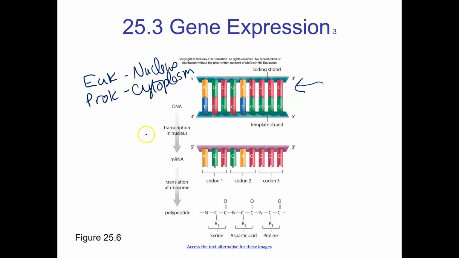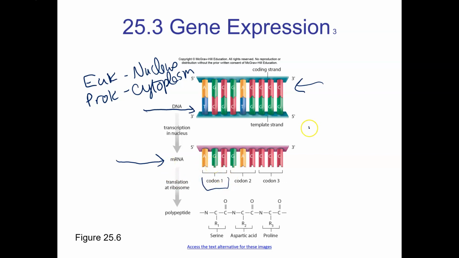So we produce, using the template strand, which is this strand, a copy of our coding strand in an RNA format. And so that's what this is. We have our messenger RNA. Messenger RNA then can be read 3 nucleotides at a time, and that's called one codon.